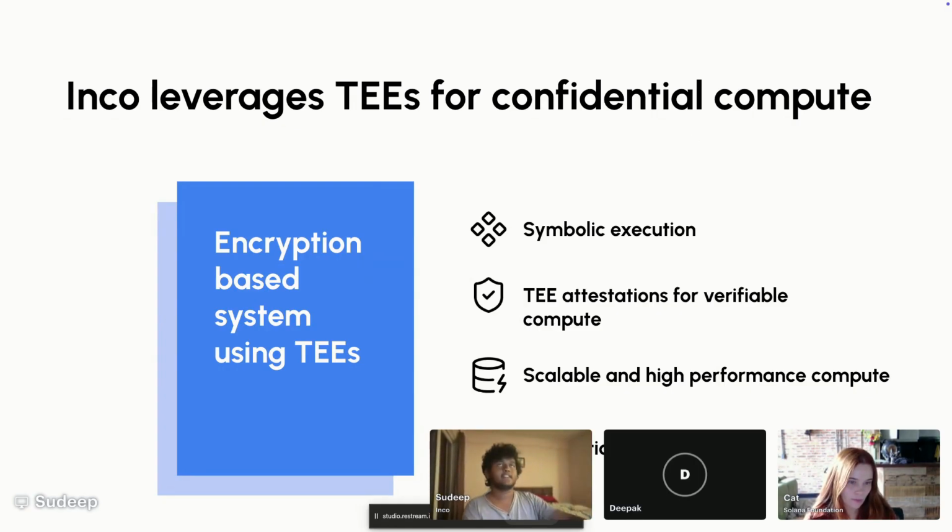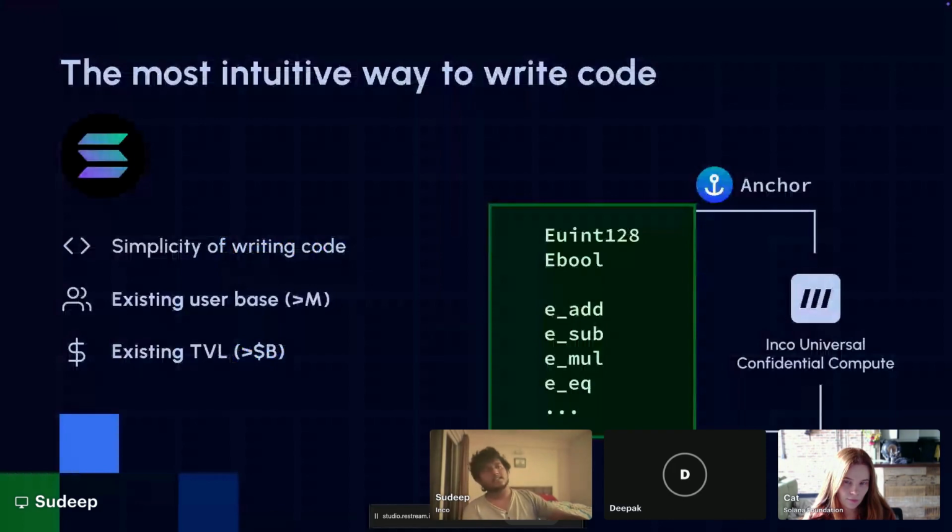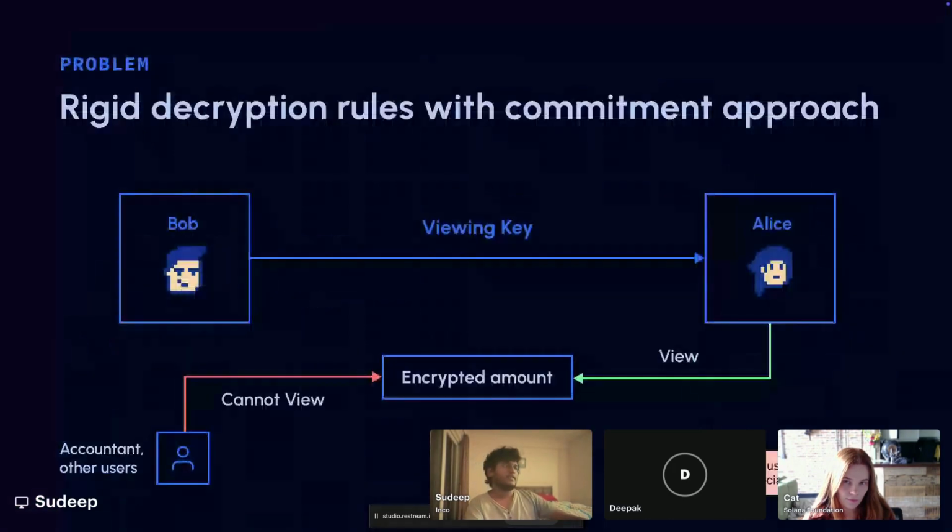One important thing this introduces is granular viewability. Let's say there's a transaction between Bob and Alice. In the general or commitment approach, you will have to share a viewing key, which would mean giving them forward observability, so they will be able to see what transactions you have made in the past as well as in the future.